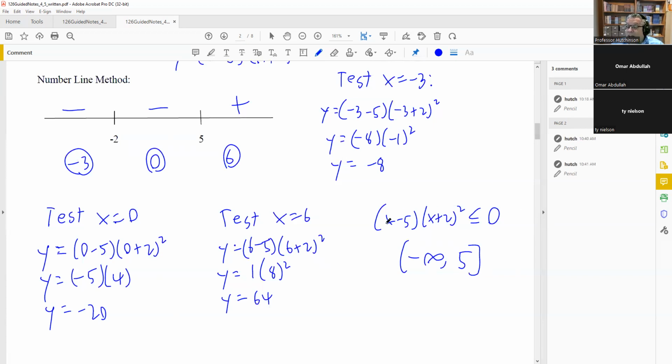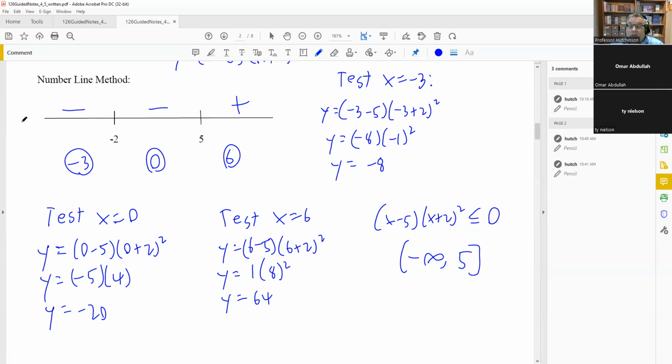So by that reason, you can include the -2, and therefore you don't have to break this up into 2 separate intervals. Yes, you could actually do -infinity to -2 with a bracket, and from -2 with the bracket to 5, but that's kind of redundant.